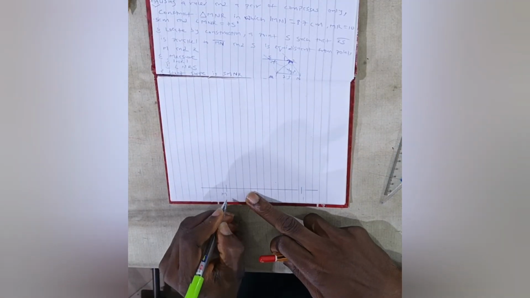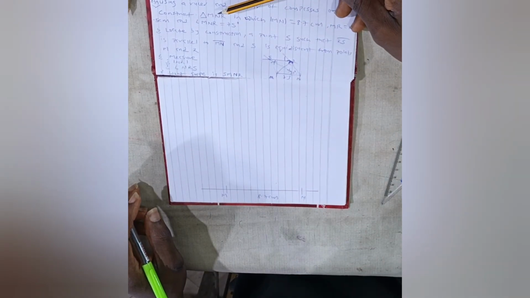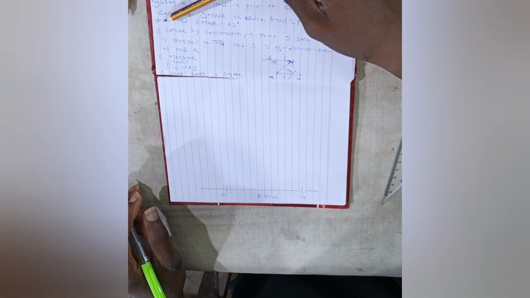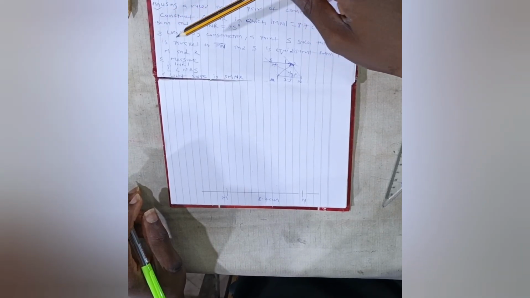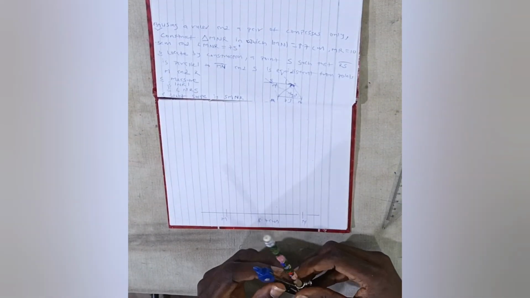So this is my MN, which happens to be 8.7 cm. And they said construct a triangle MNR in which MN is 8.7 cm and MR is equal to 10.5 centimeters and angle MNR is 75 degrees. So let's construct our 75 degrees.